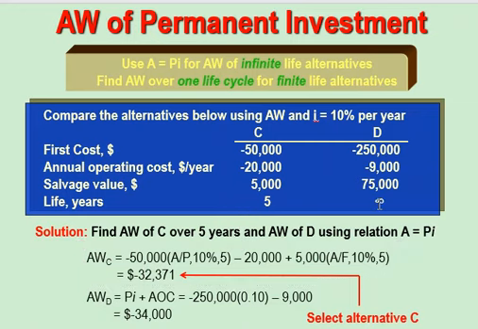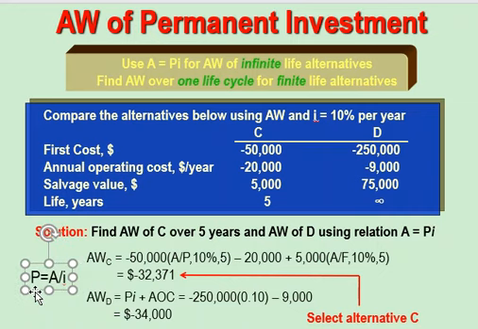For the infinite alternative, because it's infinite, I cannot apply all these formulas. So what do I do? You remember from the previous session, we said P equals A divided by I. What did we call this? Capital cost.